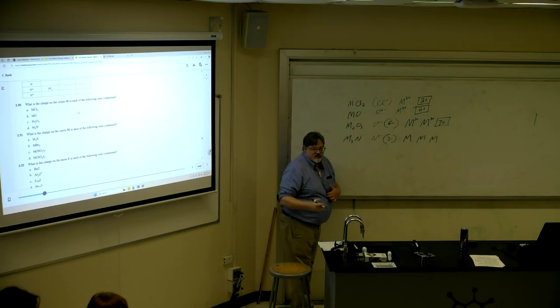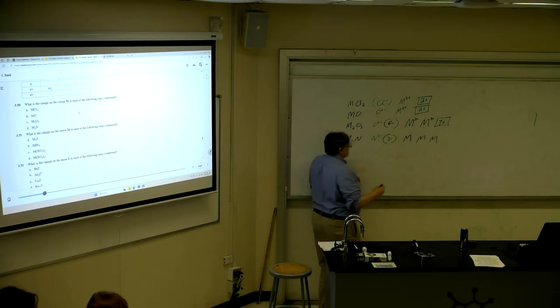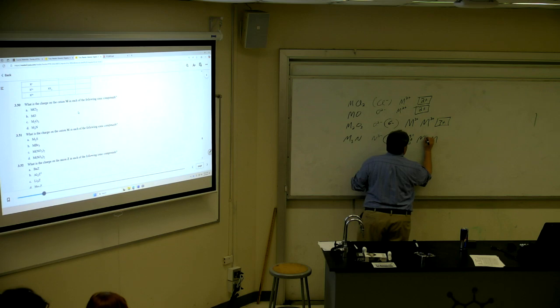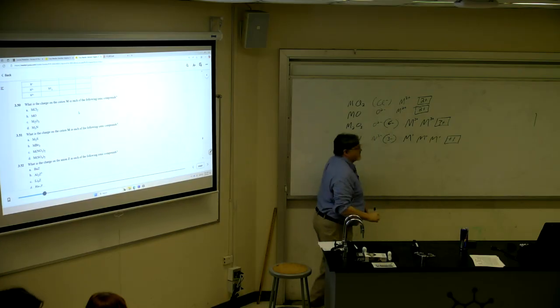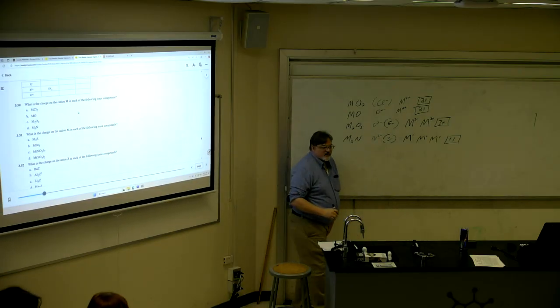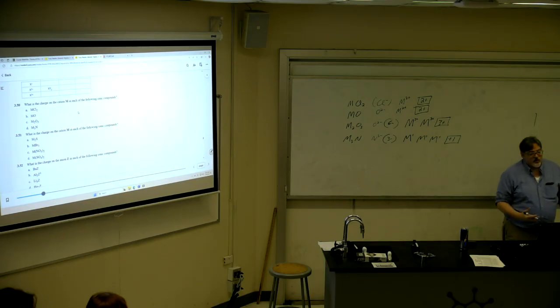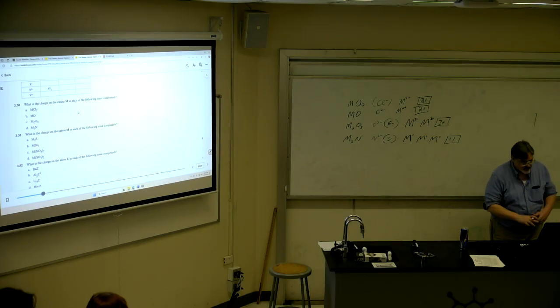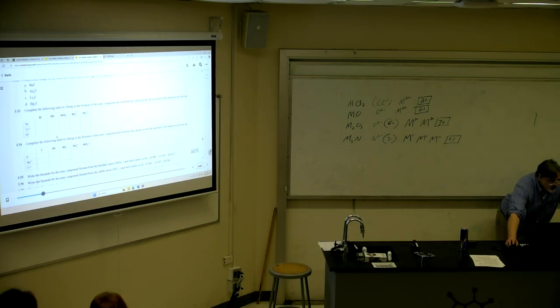Charge on nitrogen is 3. There's only one of them, so we have a total of 3 negative for our charge. We have 3 metals, and they're going to be charged positive. So what's the charge on the metal? +1. So the answer here is +1.